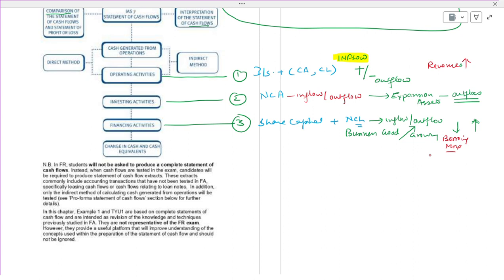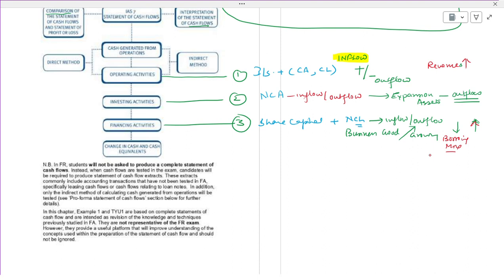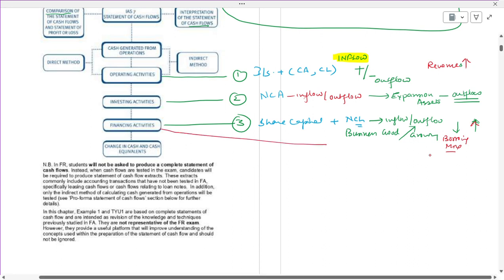Next, if you are paying more, why are you paying more? You have to pay on time, on terms and conditions. Neither should you pay more nor pay less. Whenever you are talking about financing activity, it has to be a more balanced inflow or outflow.